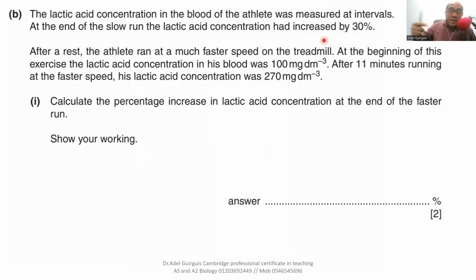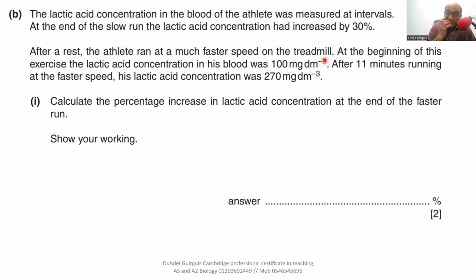This slow run may be a certain slow run before the race itself. Then after that, during the real competition, they ran at fast speed. After a rest from the slow run, the athlete ran at a much faster speed on the treadmill.